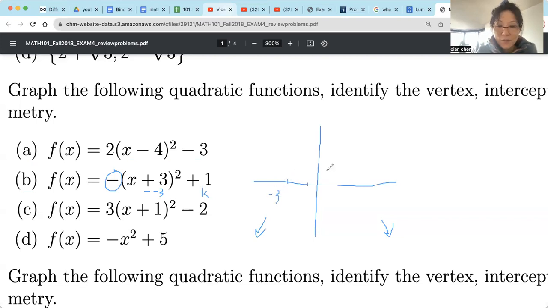Then positive 1 somewhere here. So our vertex is here. That's our vertex. And our line of symmetry goes through this vertex parallel to the y-axis. It's a vertical line. And its name is x equals negative 3, the x value of the vertex.